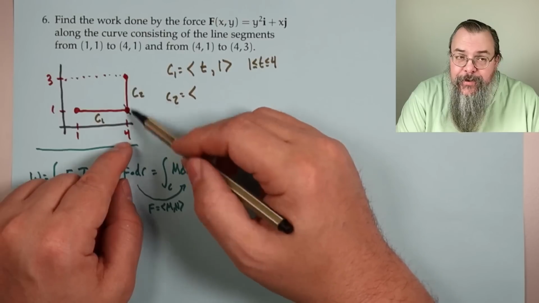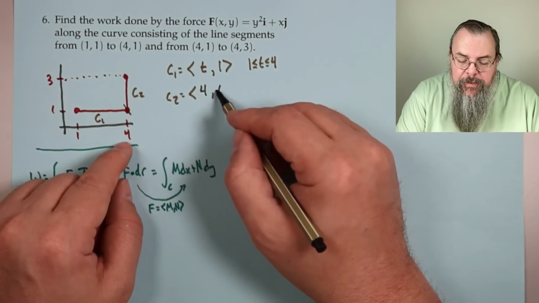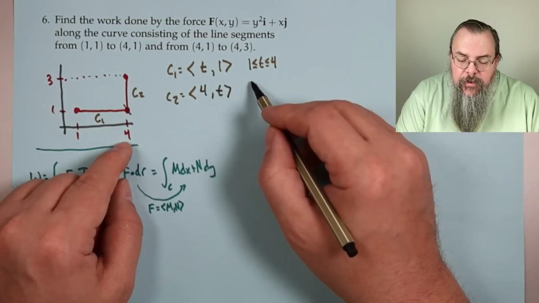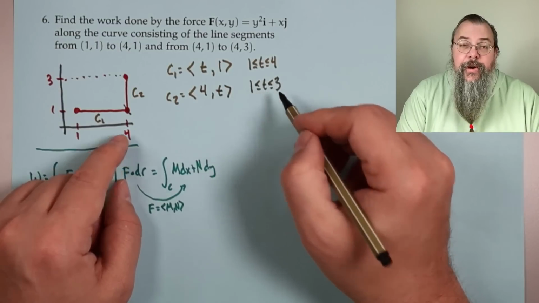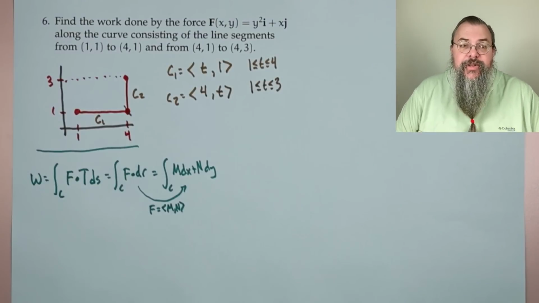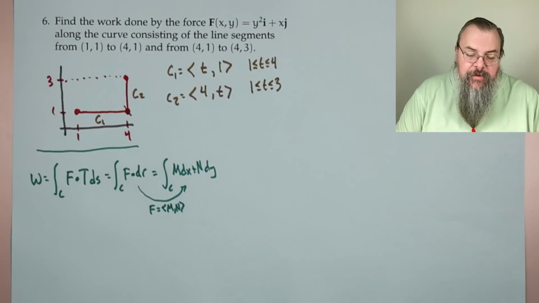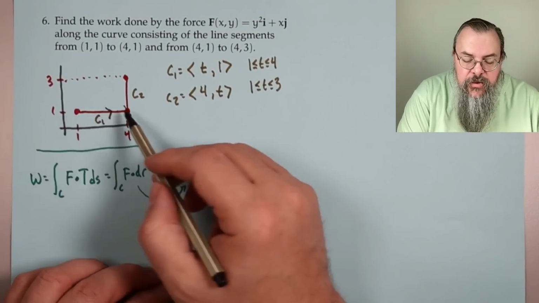4 is the x all the time. And then the y value is varying, so I'll put it as t. And why put it as t? Well, because remember, any parameterization works. We just have to make sure we start and stop at the right place. And there's this implicit, we move from here to here, from here to here.